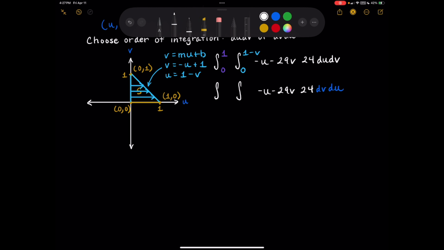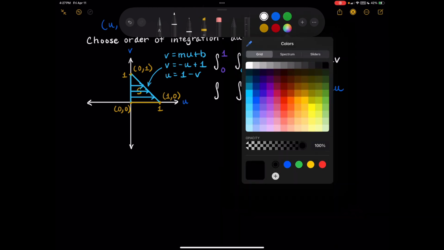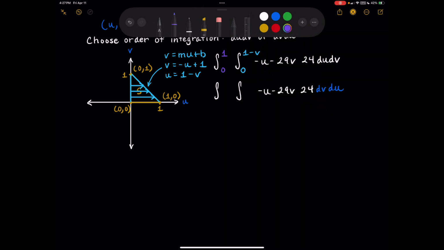So let's analyze this same picture. I'm going to leave the turquoise arrows there as an example of the first part of this. But now let's analyze what would happen if we chose to integrate with respect to v first. So now we go from the lowest part all the way up to the highest part.